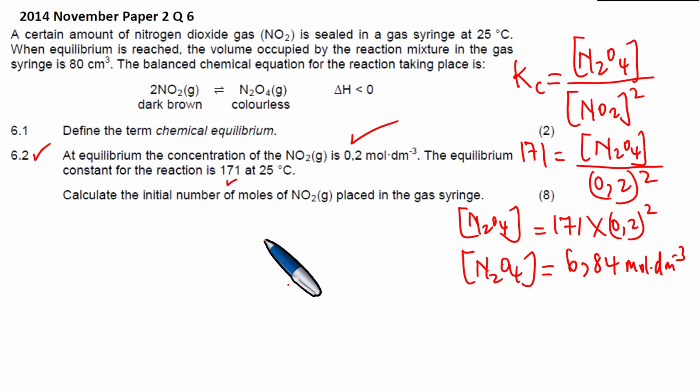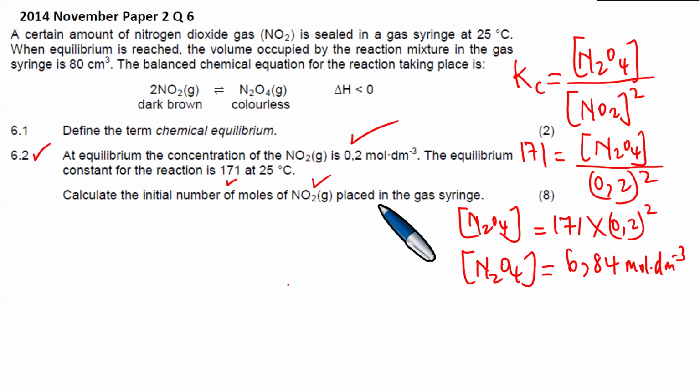Now, we have not yet answered the question in full because the examiner is interested in the number of moles of NO2 in the gas syringe. So how do we get the number of moles of NO2 in the gas syringe? We proceed as follows.